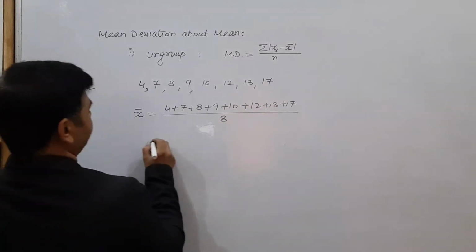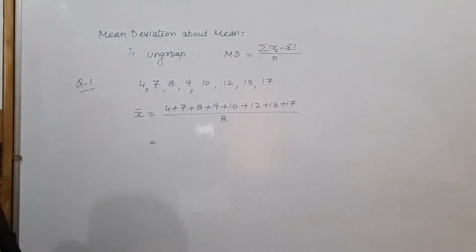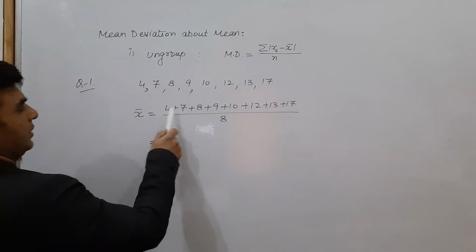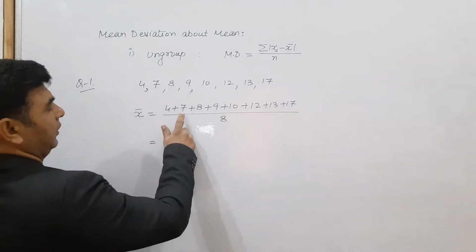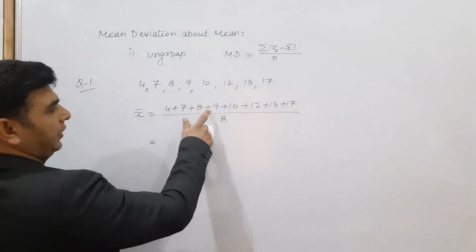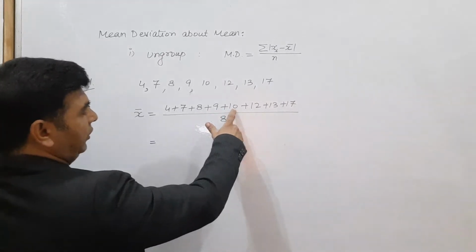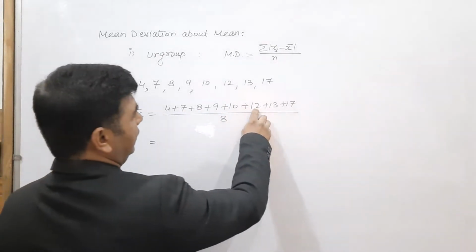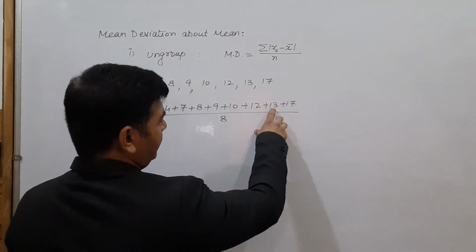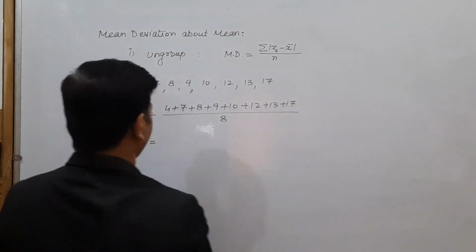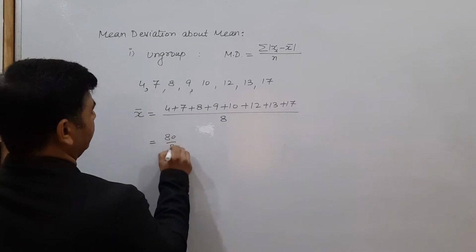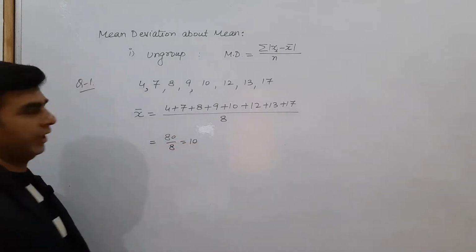This is 8. 4 plus 7 is 11, 11 plus 8 is 19, 19 plus 9 is 28, 28 plus 10 is 38, 38 plus 12 is 50, 50 plus 13 is 63, 63 plus 17 is 80. 80 upon 8 is 10. So the mean is 10.